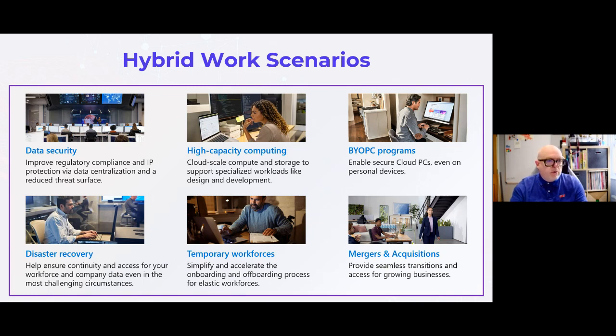So you can apply a whole bunch of policies to stop data leaking out, disabling various things. There's a proper wall, if you like, between your corporate environment and the local BYOD PC. What that leads into is that we see some organizations looking at Windows 365 because they want to drive a BYOD policy.